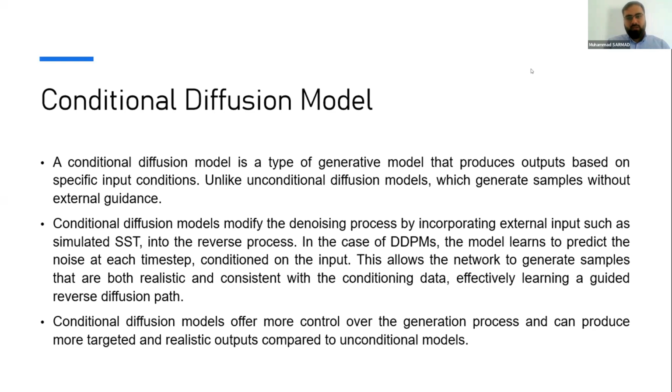In the case of DDPMs, the model learns to predict the noise at each time step conditioned on the input. This allows the network to generate samples that are both realistic and consistent with the conditioning data. It also effectively learns a guided reverse diffusion path. Conditional diffusion models offer more control over the generation process and can produce more targeted and realistic outputs compared to the unconditional models.